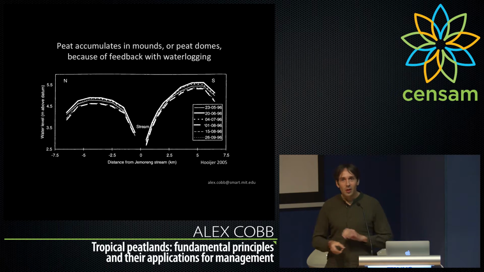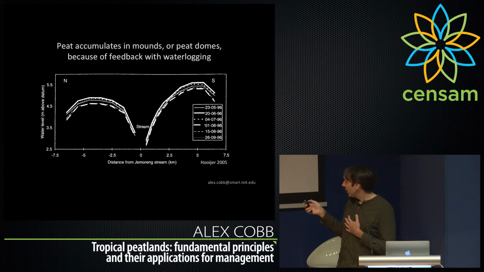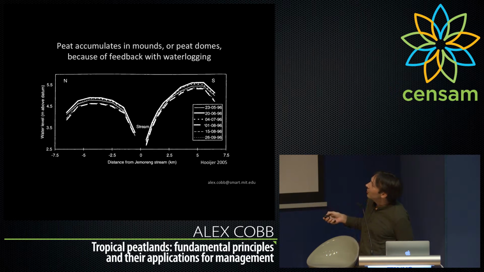First, let me just cover some basic things about the way that the peat accumulates in peatlands. So peat piles up. I'm going to try to press the right button here. There we go. Peat piles up in mounds. This is a section through a peat swamp in Sarawak, and these lines are actually the water table.